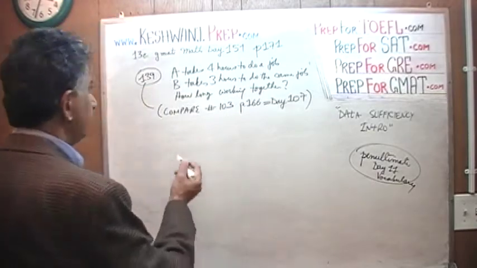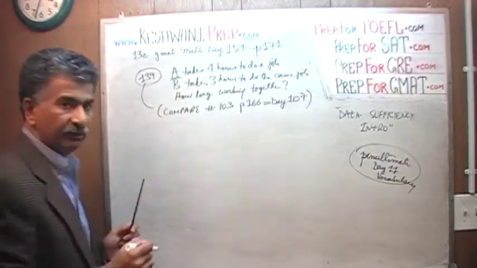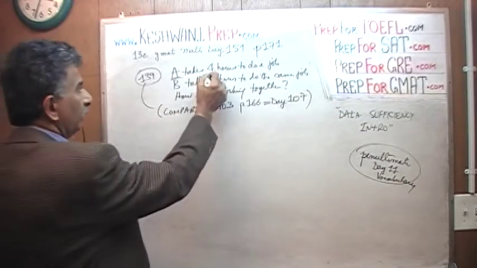For example, here we have two machines. We have two guys, two machines, two people, doesn't really matter. A, we are told, takes 4 hours.